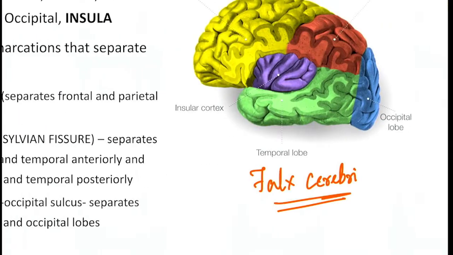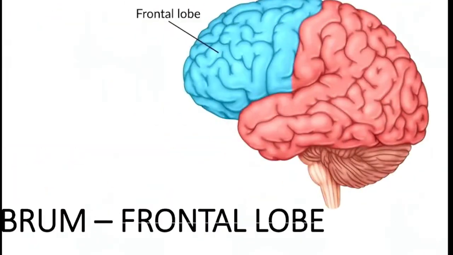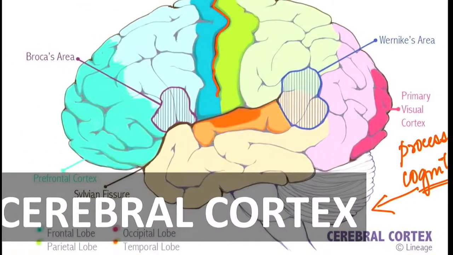Okay, so apart from that, we have the lateral sulcus too. Okay, lateral sulcus. So talking about the lateral sulcus, remember it is going to separate the frontal and the parietal lobes from the temporal lobe. Okay, from the temporal lobe.